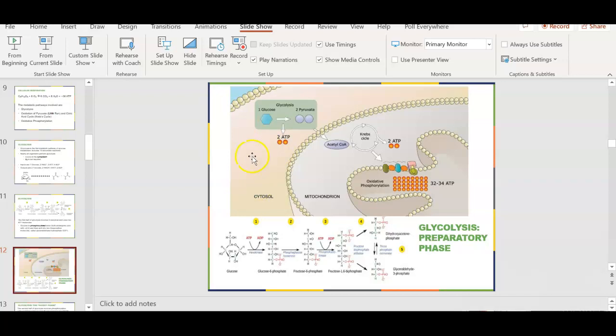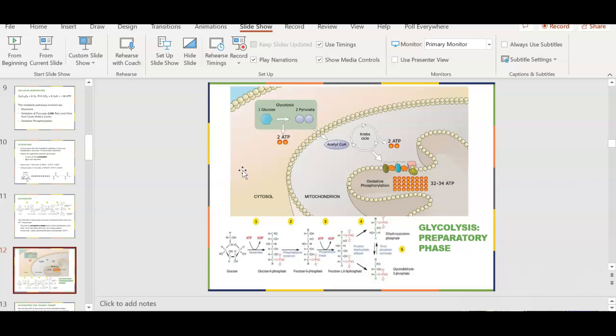So this whole thing, these first 5 steps that we just described, is called the preparatory phase. Because we're investing some energy, ultimately, hopefully, to get more energy. But so far, all we've seen is 2 ATP being actually spent. So that's not productive if our goal is to make ATP. So this is called the preparatory phase.